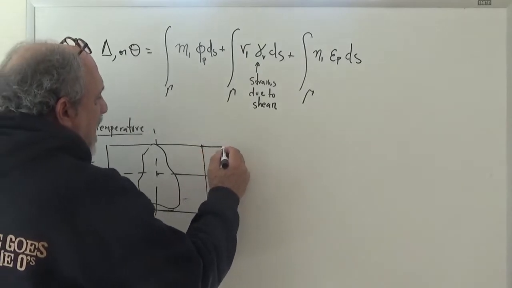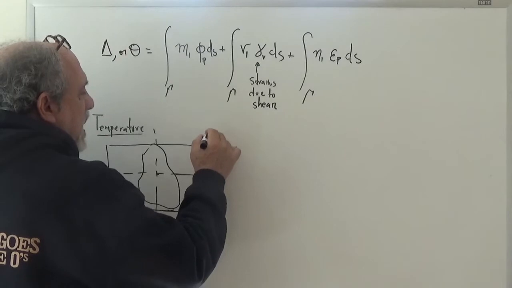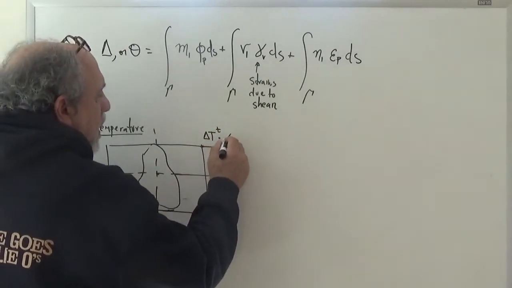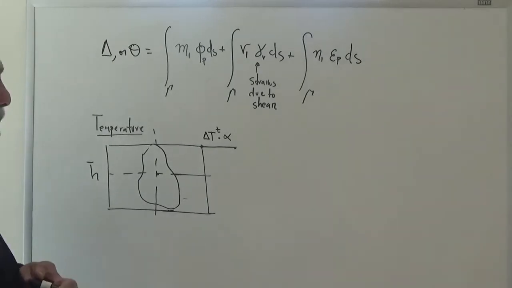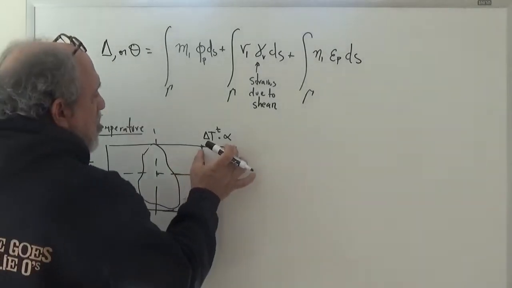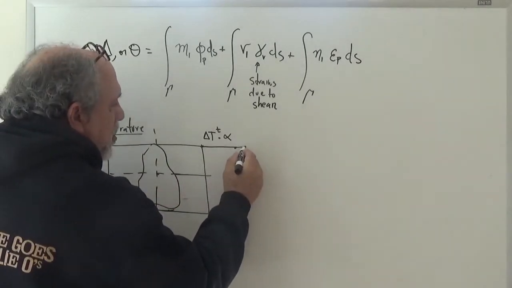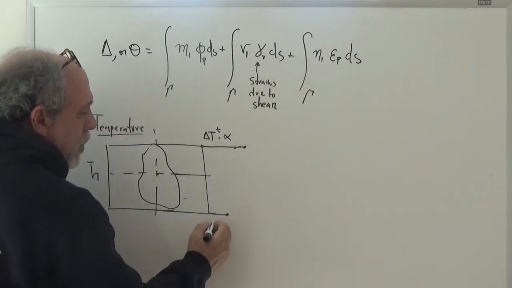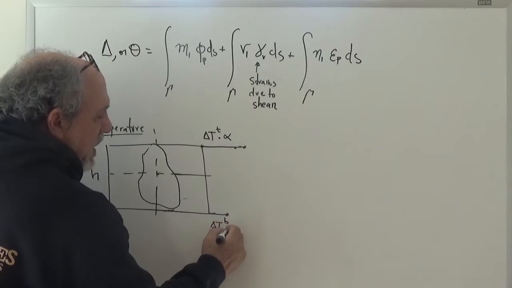Now, if we heat the top of the section by an amount delta T at the top, then that multiplied by a coefficient alpha, which is known as the coefficient of thermal expansion, gives us the strains that we get there due to that increase in temperature. So the strains look like this. The strains at the bottom could be delta T, the change in the temperature at the bottom, times alpha.